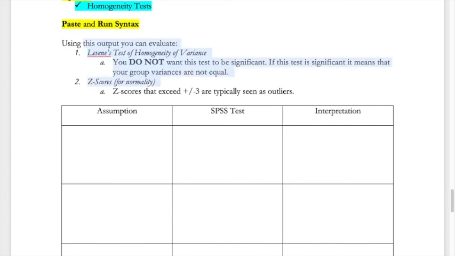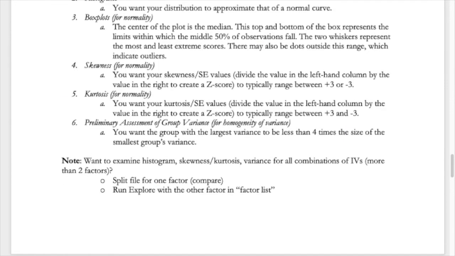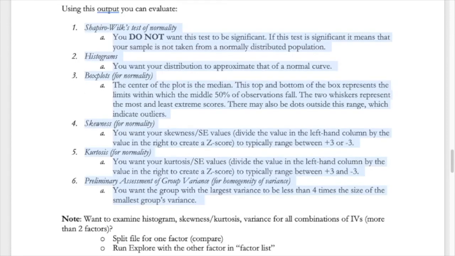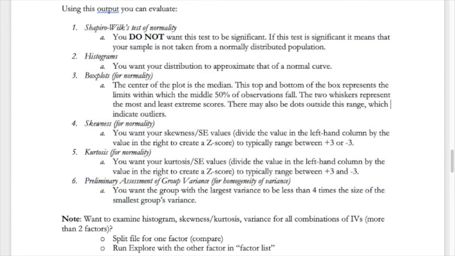Use what we've given you here and here as guidance, and fill out this chart, and then decide what you want to do about any violations you see, like those outliers. If you want to Windsorize, if you want to remove them, whatever it is. And then reevaluate. Check back in on each of those tests and see, okay, what does it say about these assumptions now? Because they might say something different.